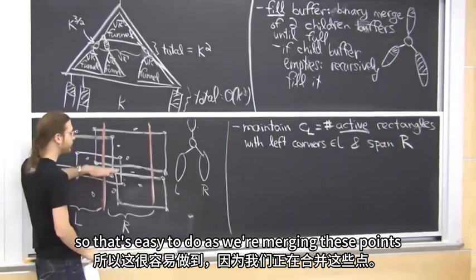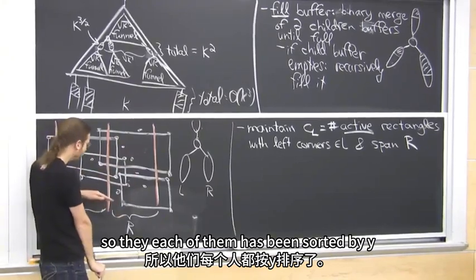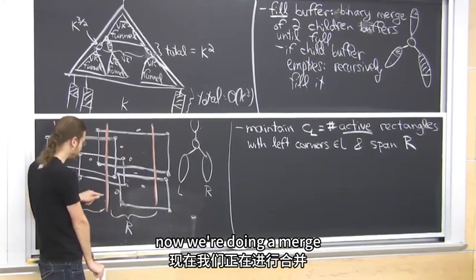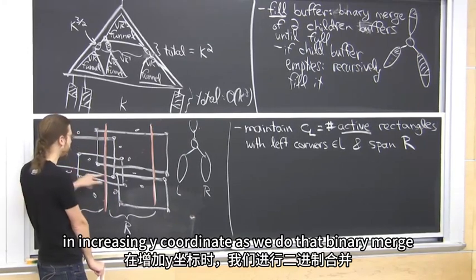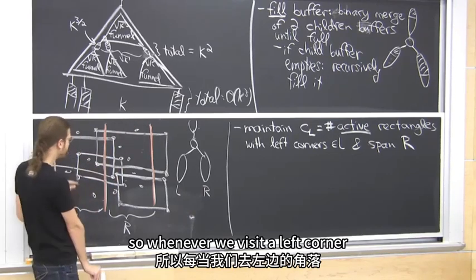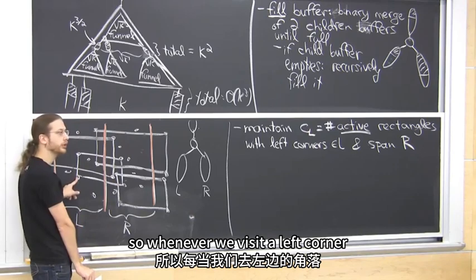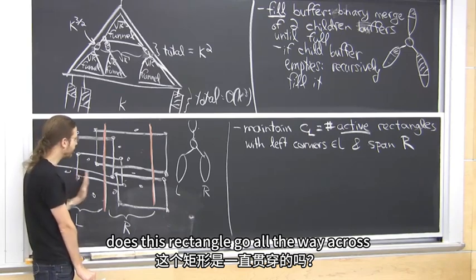As we're merging these points, each of them has been sorted by y. Now we're doing a merge, so we're considering all the corners and all the points in increasing y-coordinate as we do that binary merge. Whenever we visit a left corner of a rectangle, a lower left corner, we say, oh, does this rectangle go all the way across?